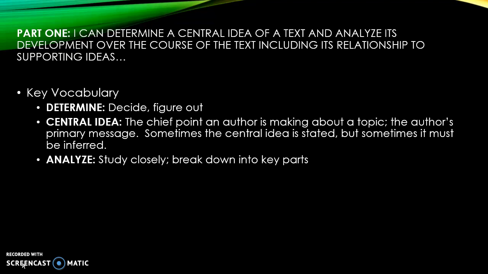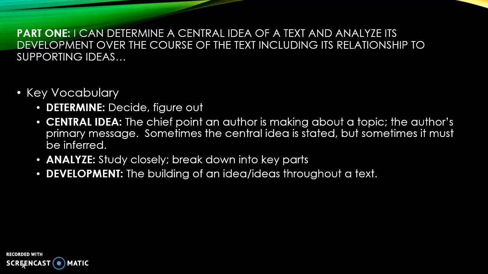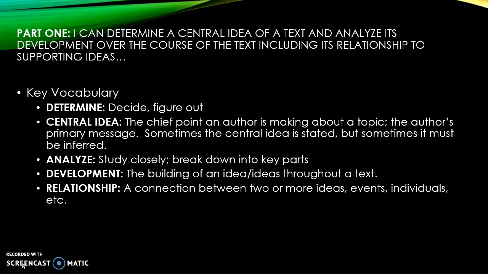Analyze. We're going to break down the text, parts of the text, and we're going to see how they closely work together. Development. How is this idea being built throughout the text? We're looking at the building of the text. How is it being supported in the text? Relationships.